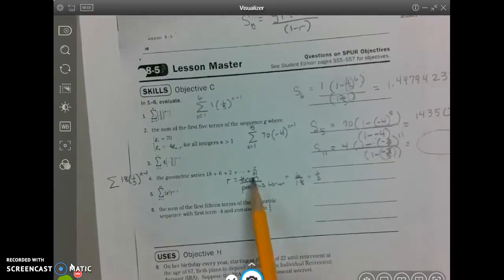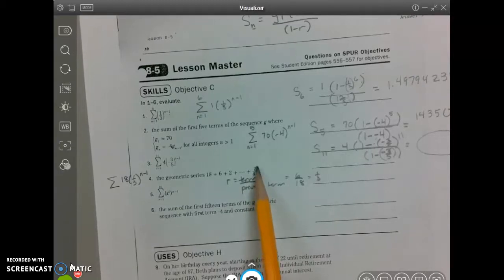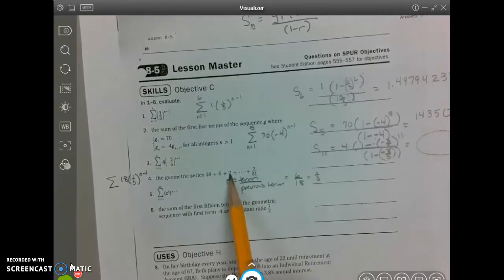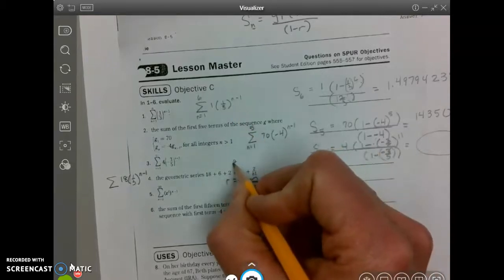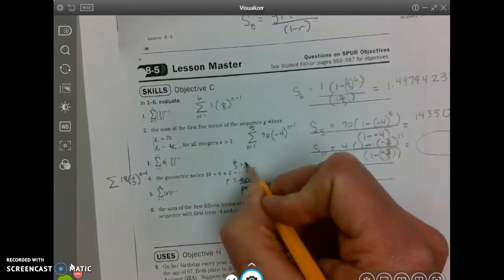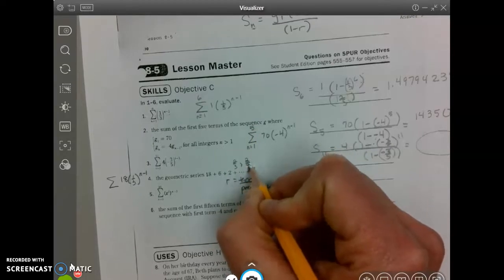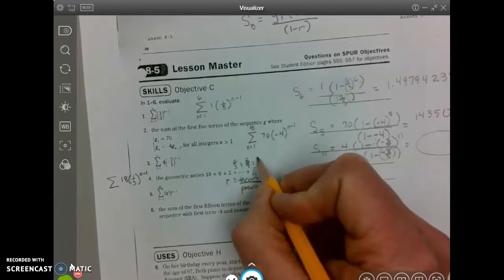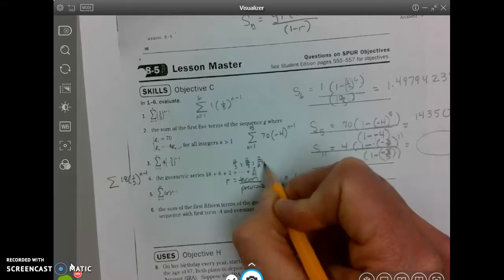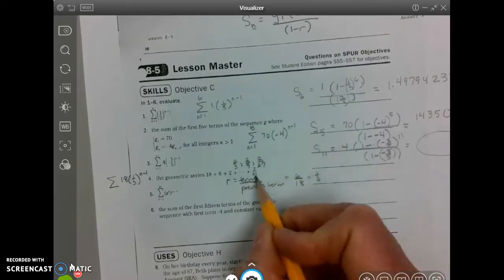What I need to figure out is which term is 2/81. So I'm going to keep going here with 2 times 1/3, and I get 2/3. I'm going to multiply that by 1/3, and I get 2/9. If I multiply that by 1/3, I get 2/27. And then 2/81 would be my next term.